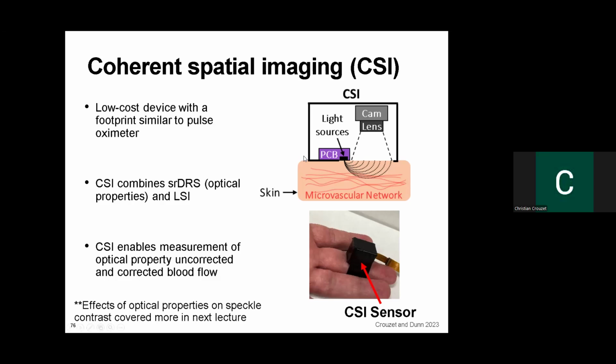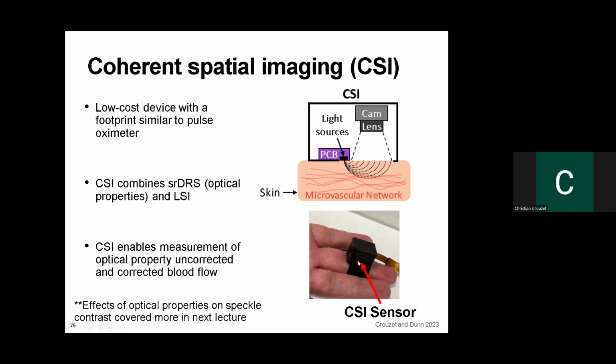And then there's LSI, where in the light source, we're using a coherent light source. And this is able to measure the optical properties and be able to correct the blood flow from the optical properties, as well as uncorrected. And I believe this will be covered more in the next lecture.